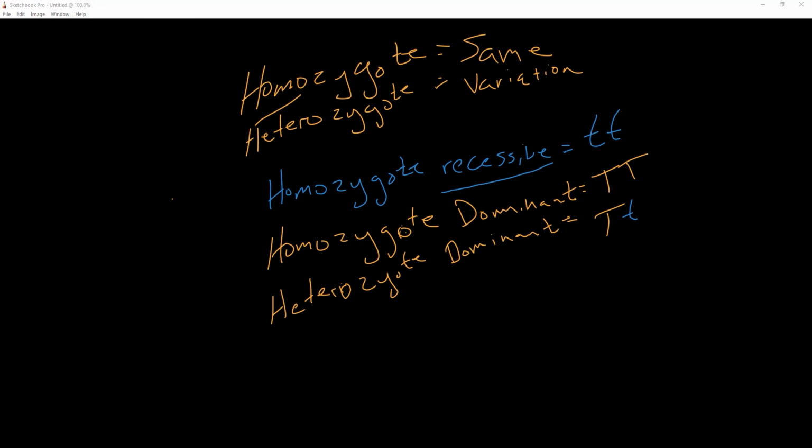But what we were looking for in this exercise was this one. Which ones were homozygote dominant, right? And the same, but with the 2 uppercase T's.